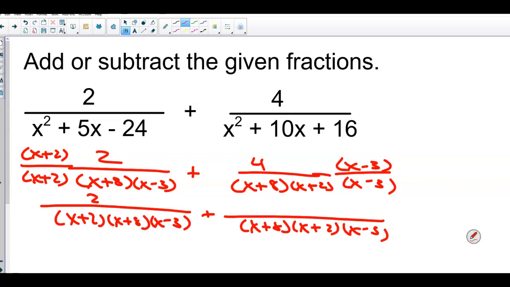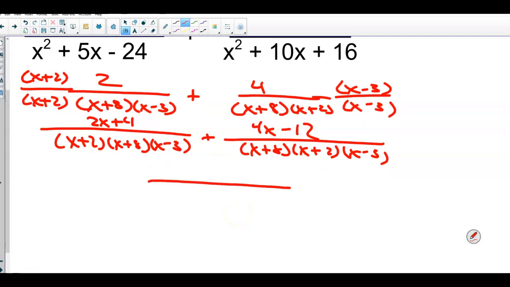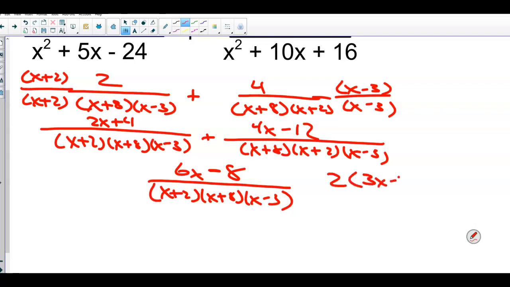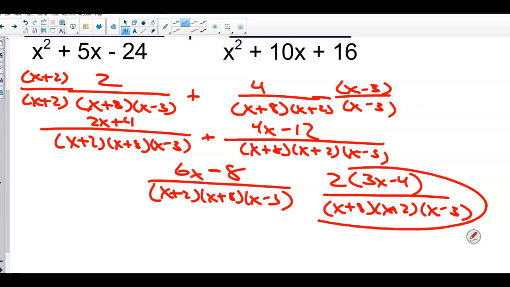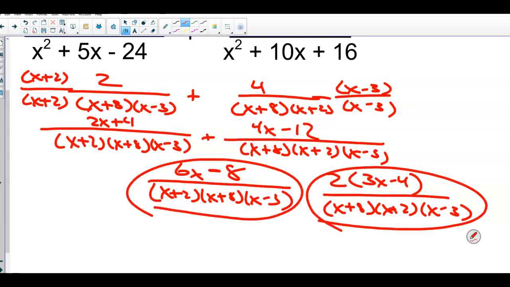And then we get 2x plus 4, and then 4x minus 12, over the common denominator, x plus 2, x plus 8, x minus 3. And then 2x and 4x, 6x, 4 and negative 12 is negative 8. Now, you can take a GCF out of that, and you're left with 3x minus 4. It doesn't really change anything. I will accept either answer. This one is good, or if you left it like this, I'll take either one.